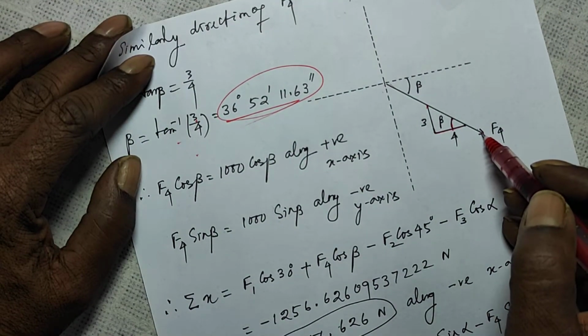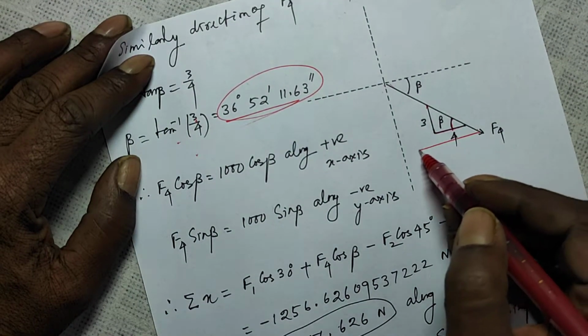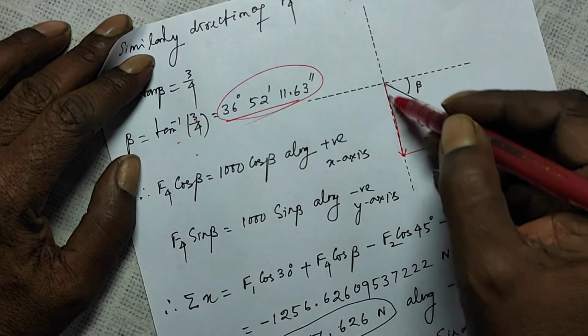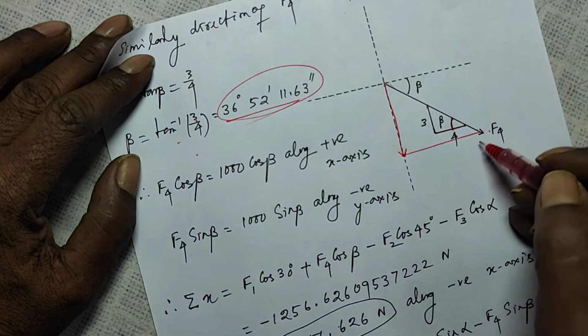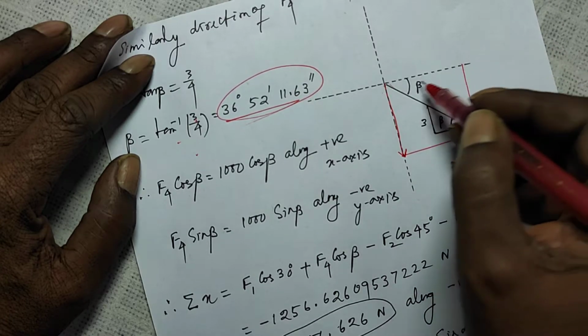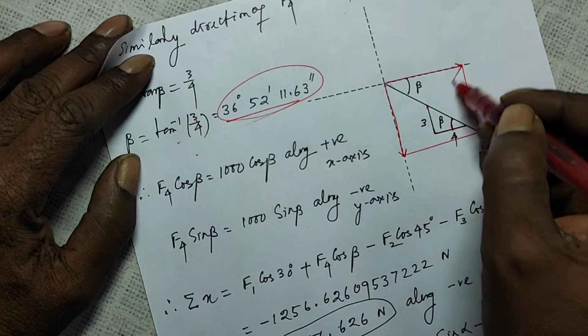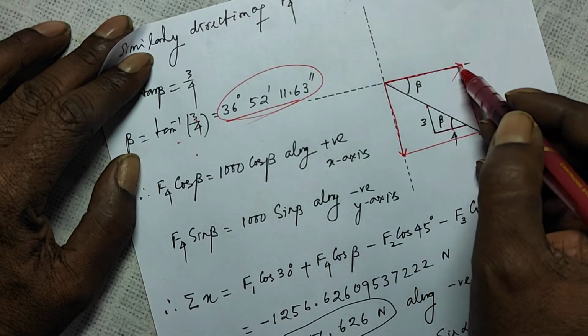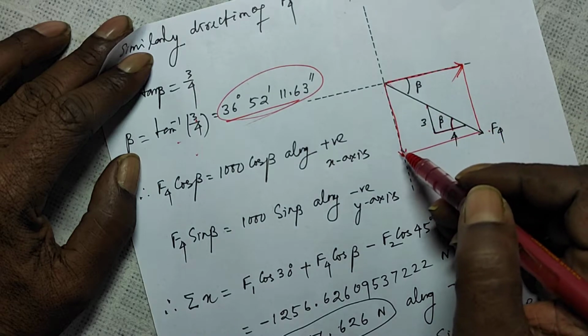Now, this is your F4. If you project F4 on the y-axis, this is the projection on the y-axis. And if you project F4 on the x-axis, drawing a perpendicular from here to here, the projection will be F4 cos beta.